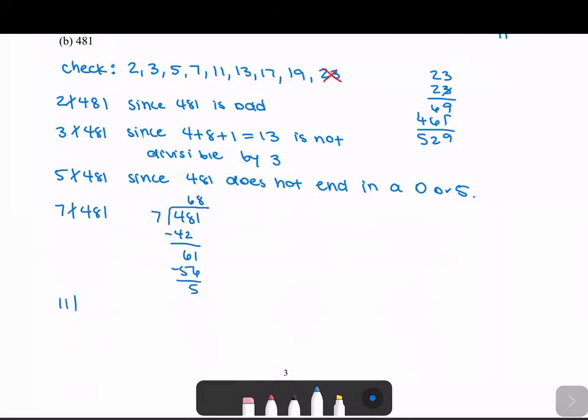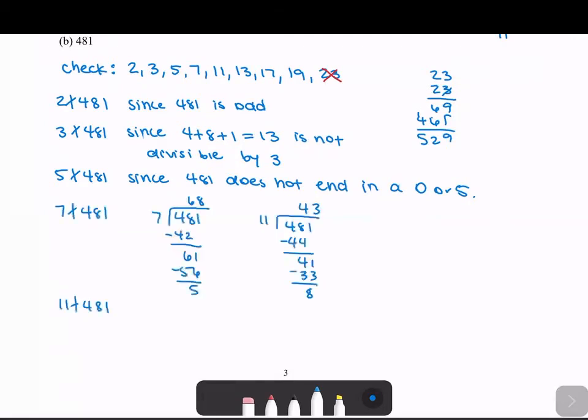The next one is 11. So 11 goes into 48 4 times, with 4 left over. 11 goes into 41 3 times, with 8 left over. So no, 11 does not divide 481.